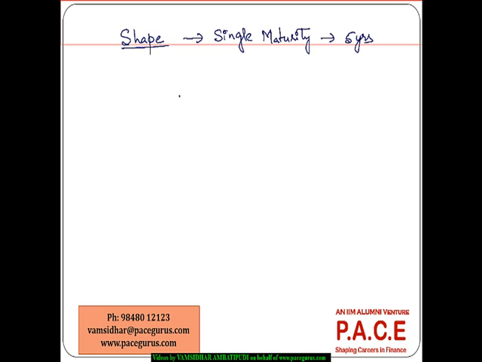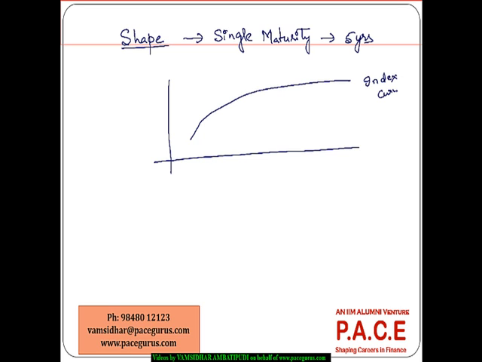In that case, what we are saying is, now look at an index curve. If I know, okay, this is the index curve, right? Let's assume that this is the shape of the index curve for different maturities and the spread.